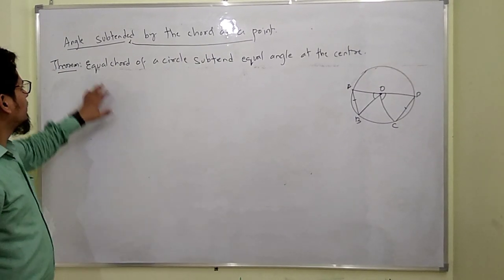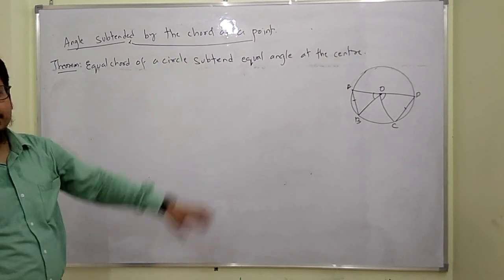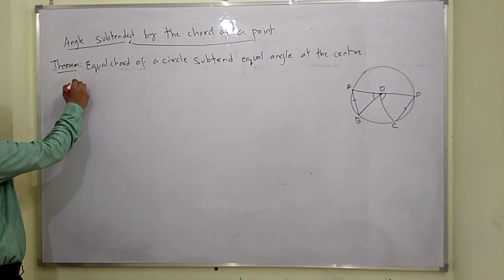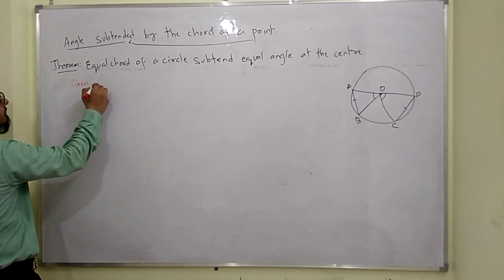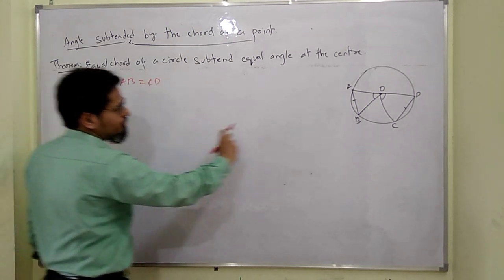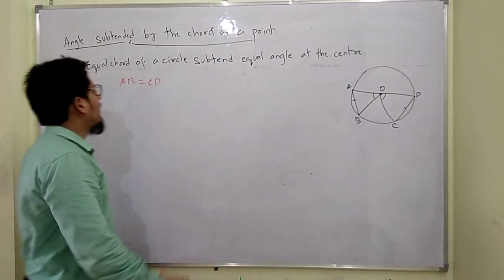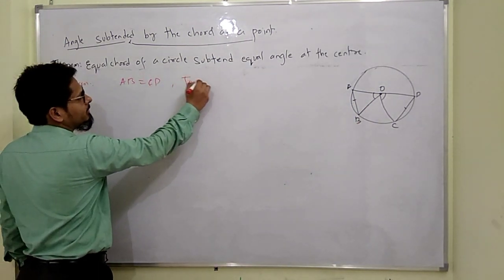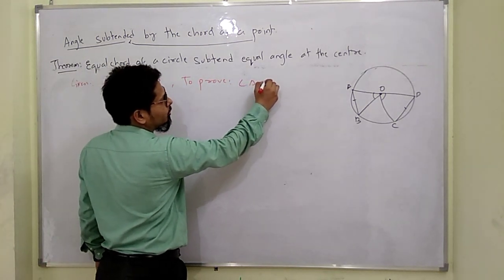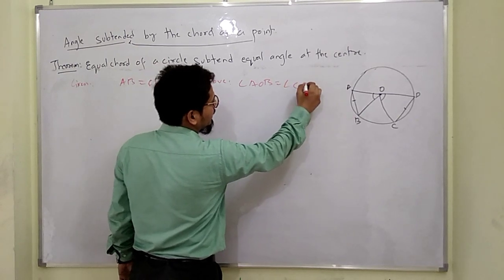This theorem, equal chords of a circle subtend equal angles, ऐसा है, right? तो देखिए class, हमको यहाँ पर given part क्या है? The given part is that AB is equal to CD, right? These both chords are equal. And to prove क्या? What is the to prove part? To prove that angle AOB is equal to angle COD, right?